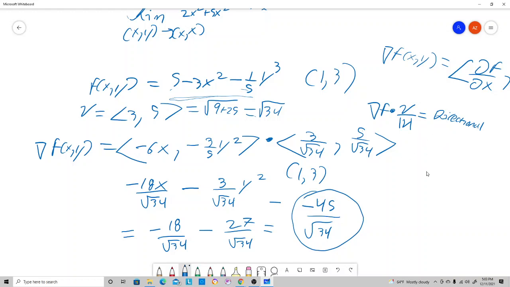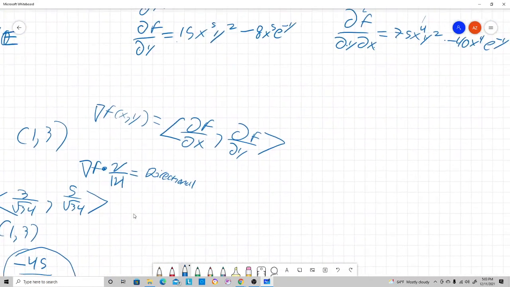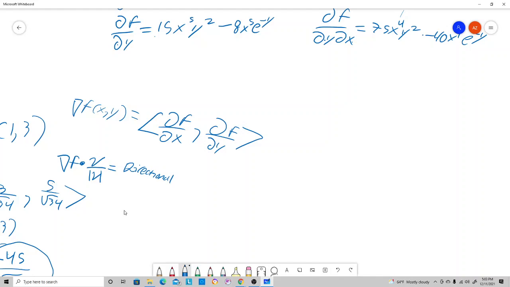Another thing I wanted to talk about with the gradient is two very important things. One of those things is very important that you remember later in the course when you're taking multivariable. The gradient points in the direction of the steepest point on the graph.